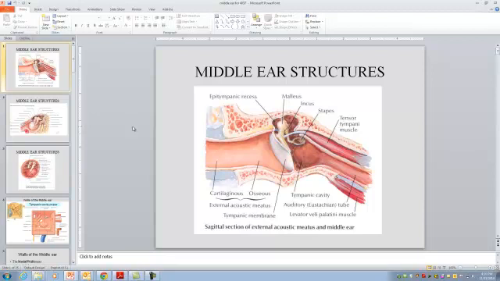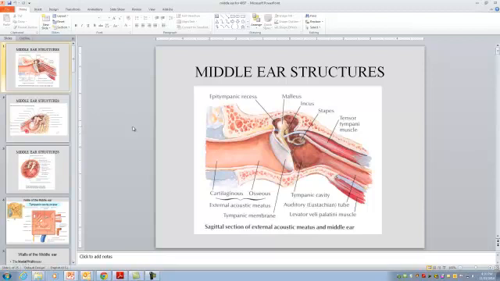And then there's the pars flaccida, which is on the superior aspect of the drum, and it lacks those fibrous tissues in between the two layers of epithelium, so it's a lot floppier. And it does not contribute to the effective area of the eardrum.